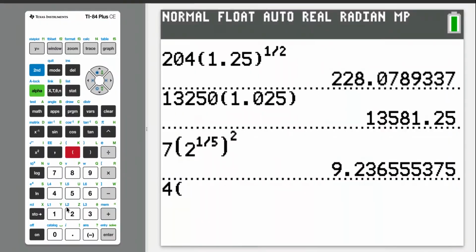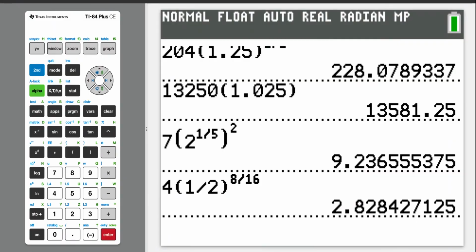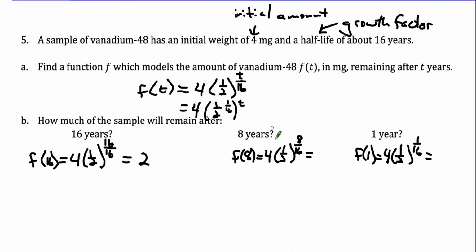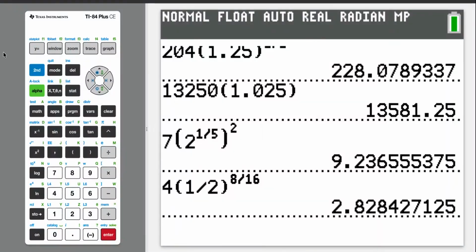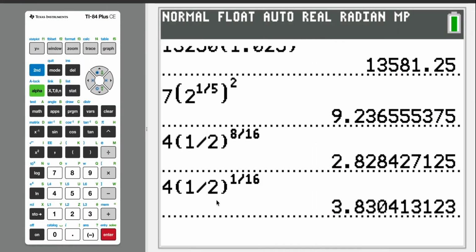So 4 times 1/2 to the 8 over 16 power, if I round to 2 decimal places, is about 2.83. And for this one, if I do 4 times 1/2 to the 1 over 16 power, we get about 3.83.